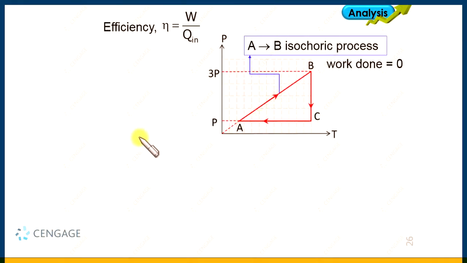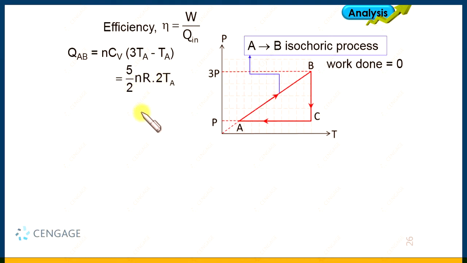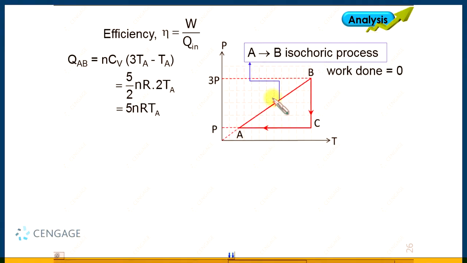So, we can write QAB equal to n Cv delta T, right. After calculation, 2 and 2 get cancelled. This is equal to 5 nRTA, right. We know the heat will be absorbed in this process, that is Q in here. This is a positive value, right.